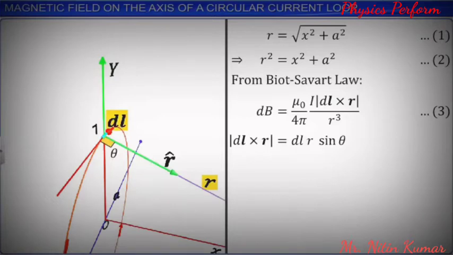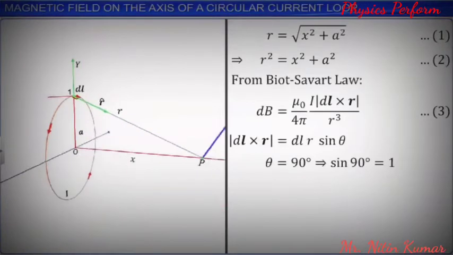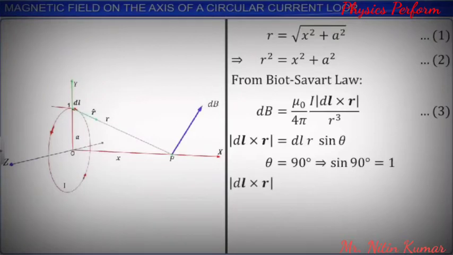Here, the angle between dl and r is 90 degrees, and sin 90 degrees is equal to 1. Therefore, the magnitude of dl cross r is equal to dlr. Let this be equation 4.